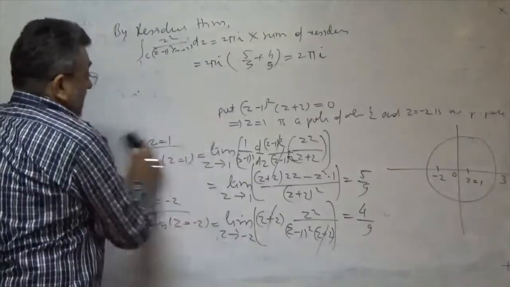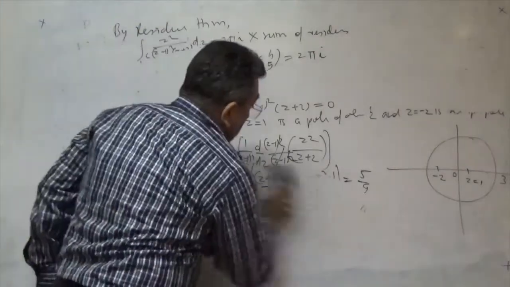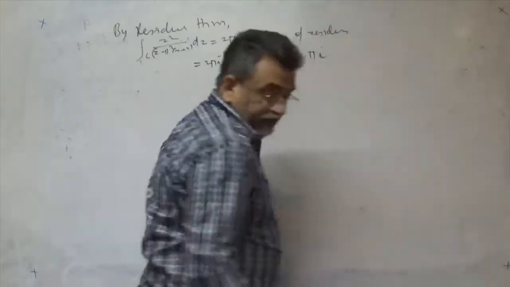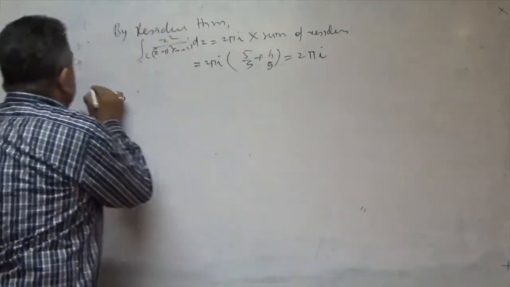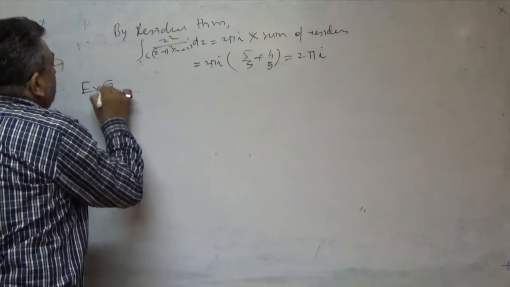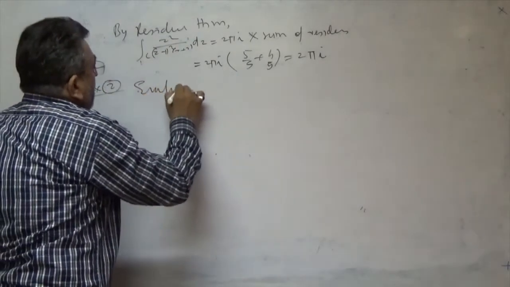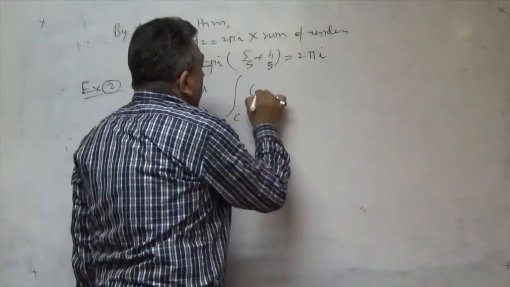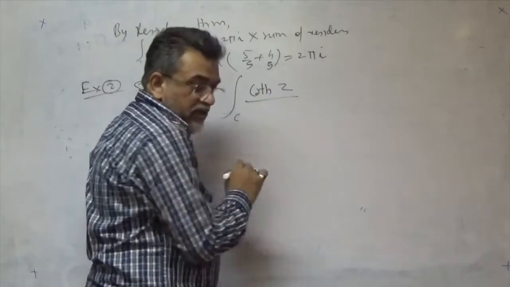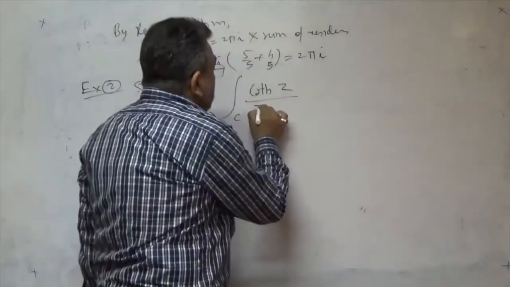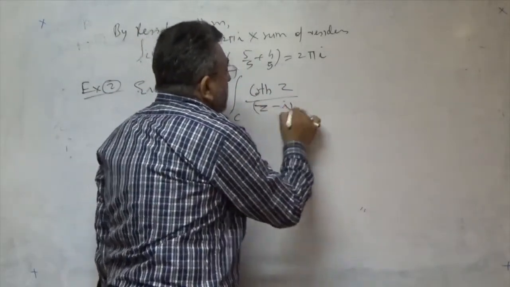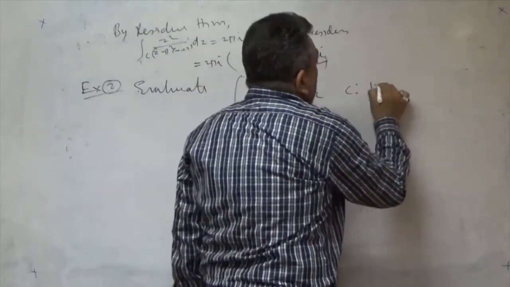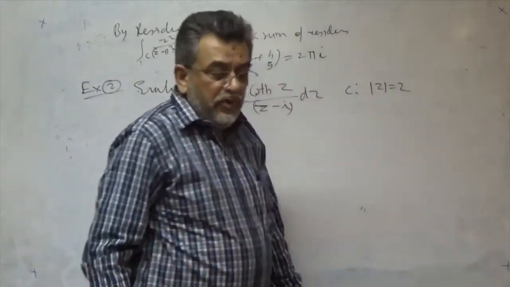Again, I am taking another example of a complex integral. Example 2. The question is, evaluate the integral over C of cot z upon z minus i dz, where C is the circle mod z equal to 2.